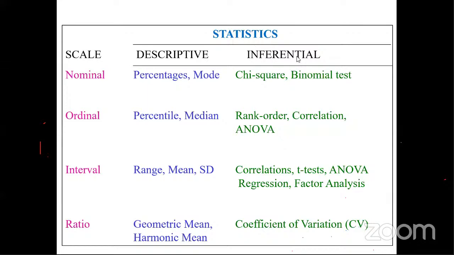Here inference-based statistics is nothing but framing the inference for this particular data. Descriptive means we are only exploring what is available in the data. Inferential means we are fixing an information. If you take correlation, what is correlation?